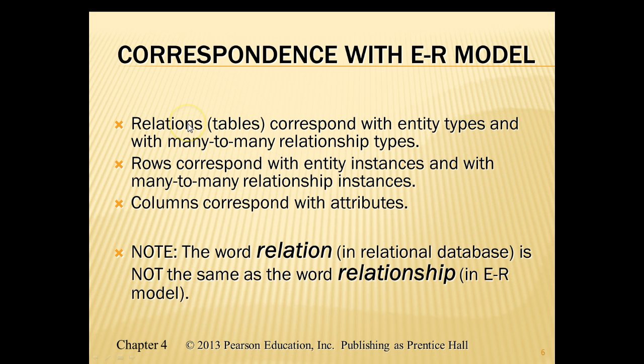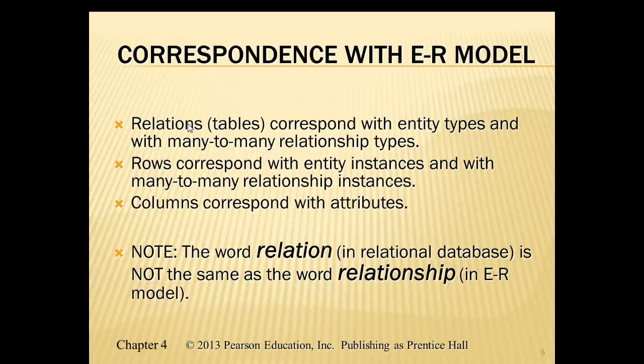The relations correspond with the entity types that we've been using in our past data models, with many-to-many relationship types. The rows correspond to the entity instances with many-to-many relationship instances, and the columns, of course, correspond with attributes.